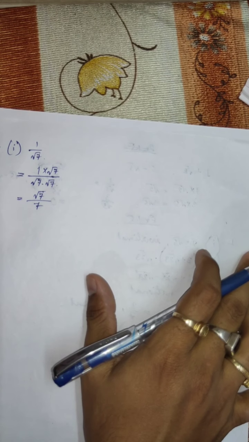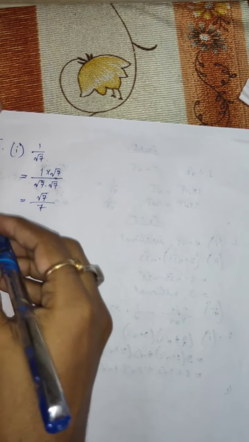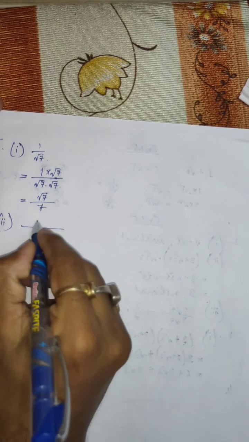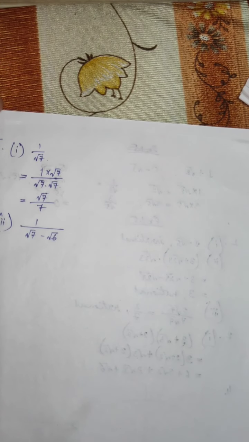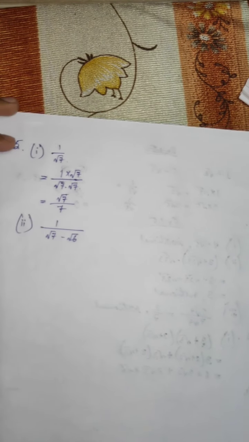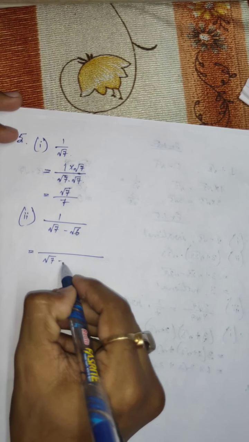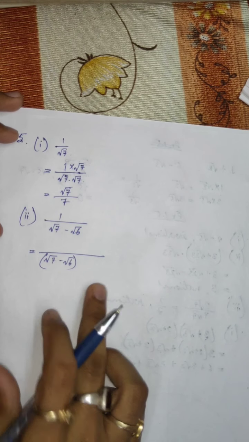Next, let's see a binomial term. Now in this binomial term, just multiply the term with its conjugate.